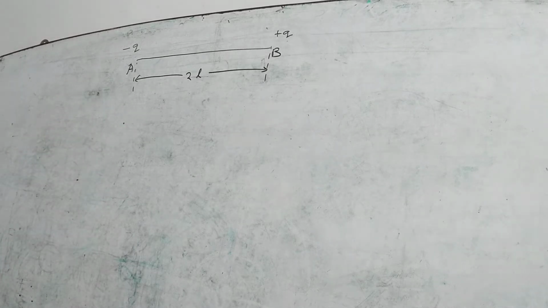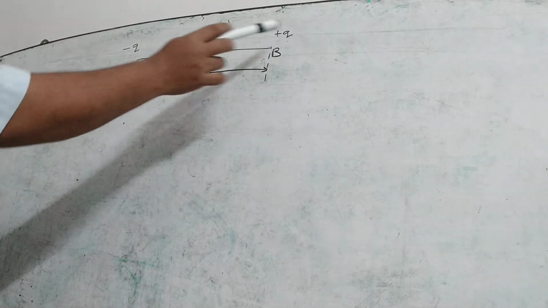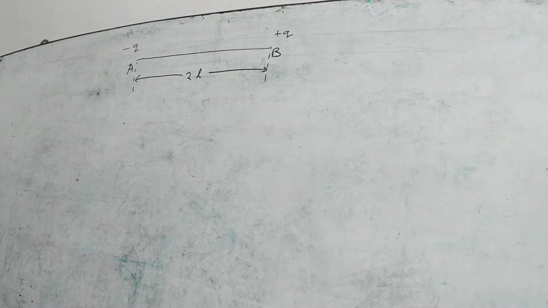And electric dipole moment is defined as the product of the charge and the distance between them.